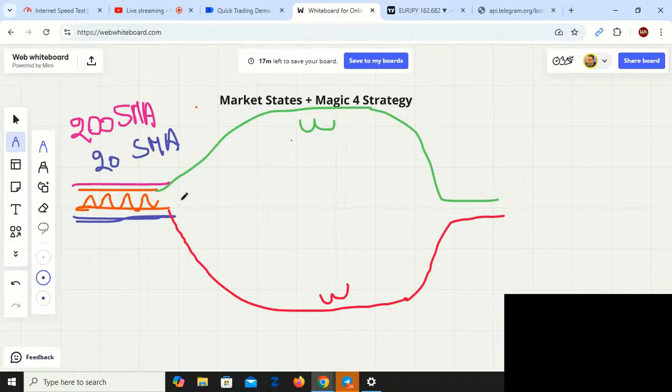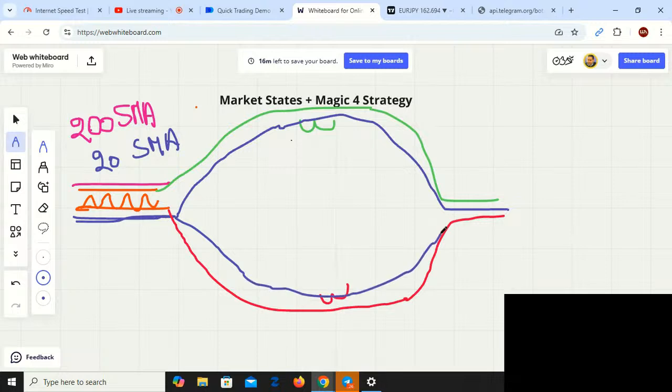So when you have a wide state to the upside, you will see your 20 moving average pushing upwards and coming back down to the narrow state. And from the downside, your 20 SMA goes down to the wide state and comes back to your narrow state.